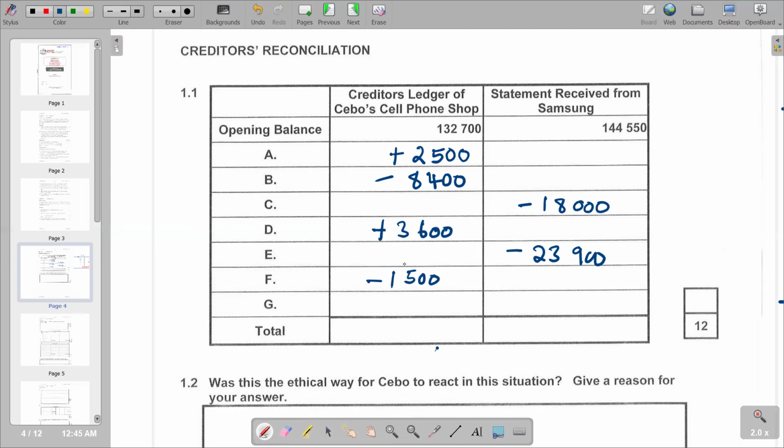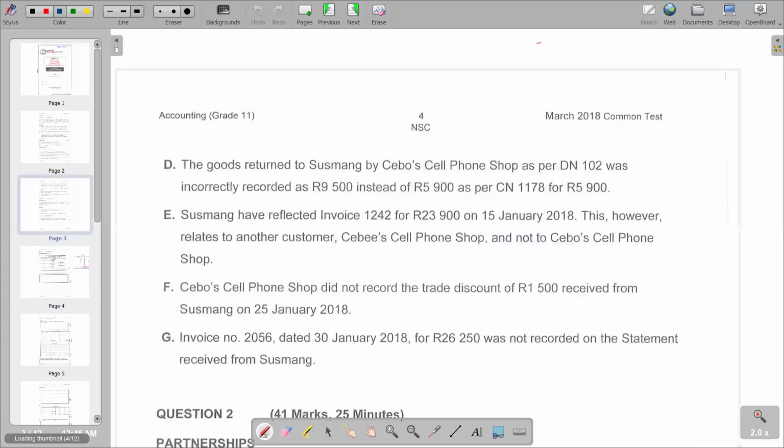Then from there, we can now move on to G, which appears to be the last transaction that we have. We said invoice number 2056 dated 30 January 2018 for 26,250 rands was not recorded on the statement received from Samsung.